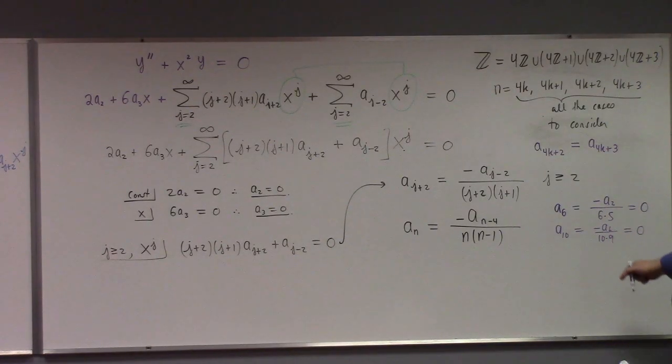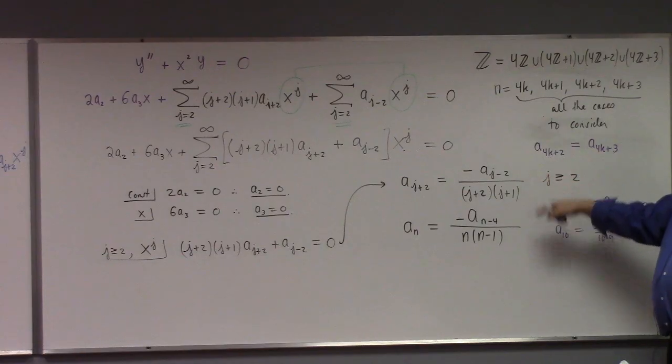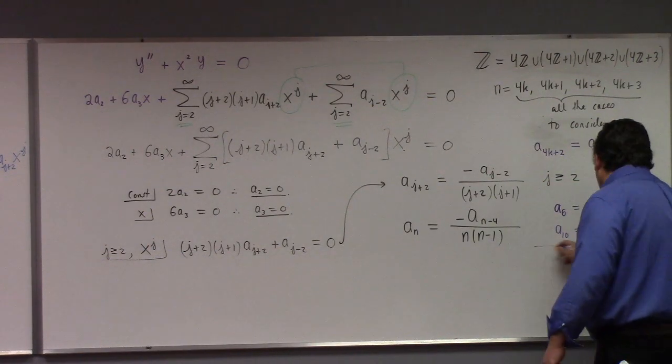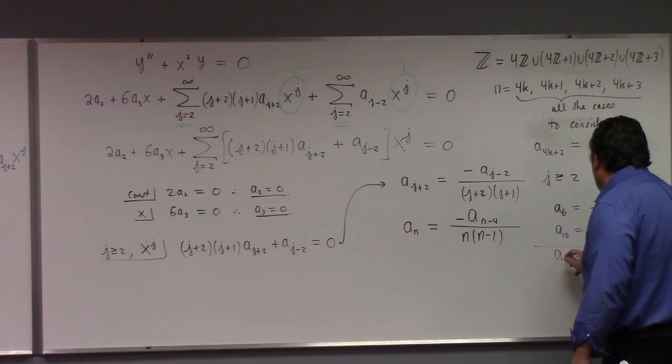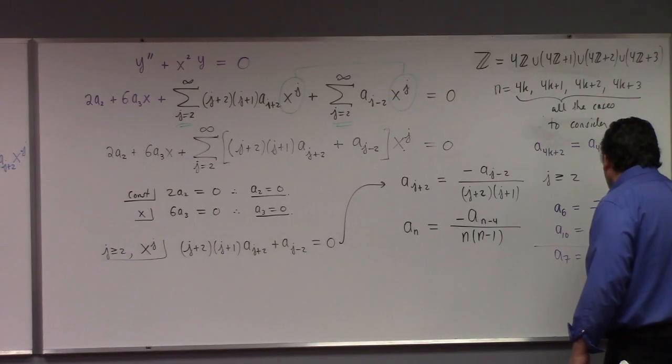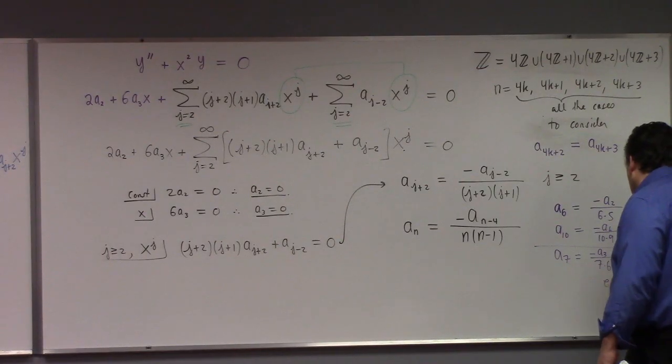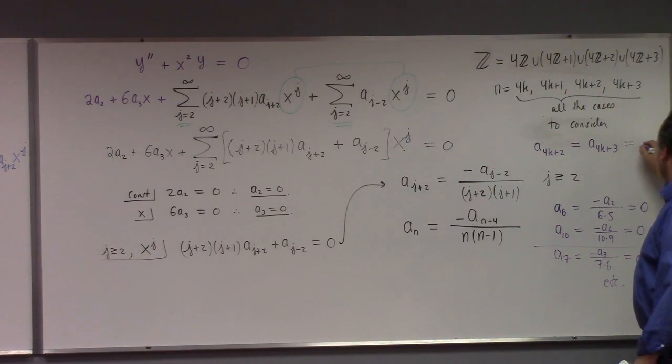We could be here all day, right? These are all 0, and for almost the same reason. If we look at a sub 4 plus 3, 7, it is minus a sub 3 divided by 7 times 6, which is 0, etc. So these are all 0.